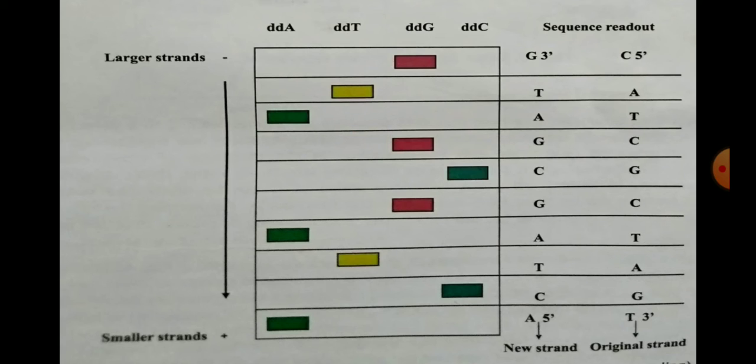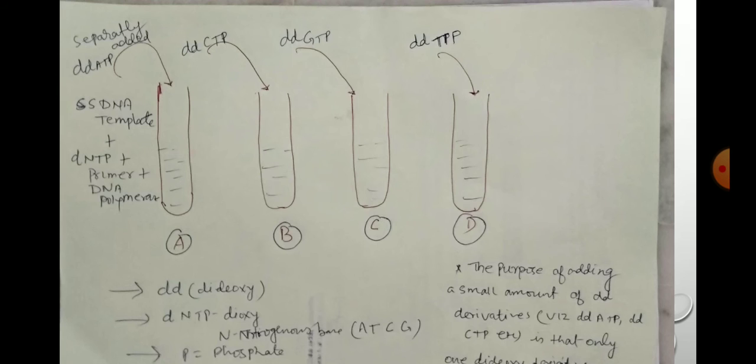Apart from that, how do we start the DNA sequencing? We will take 4 different test tubes. Test tube A contains single stranded DNA template plus dNTP, that is the deoxynucleoside triphosphate, primer and DNA polymerase. Apart from that, here we will add separately ddATP.